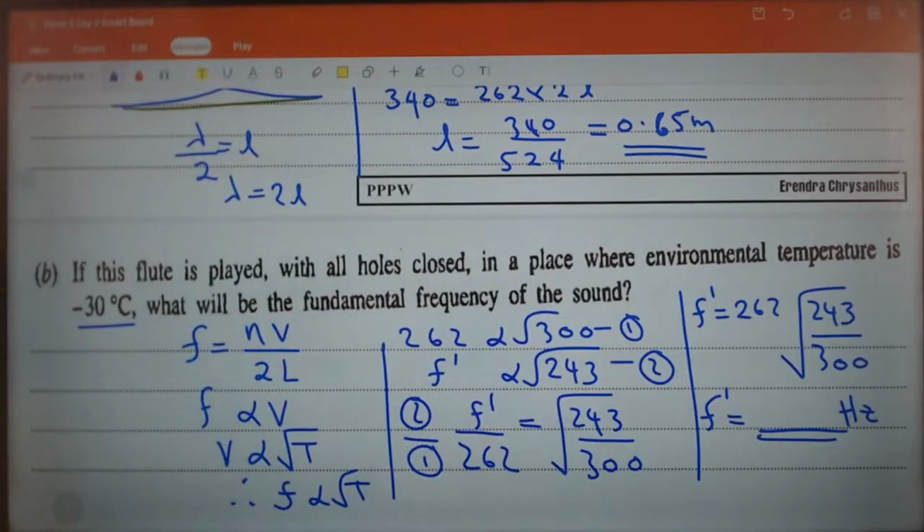Simplify the relationship. 243 divided by 300, square root, multiplied by 262.